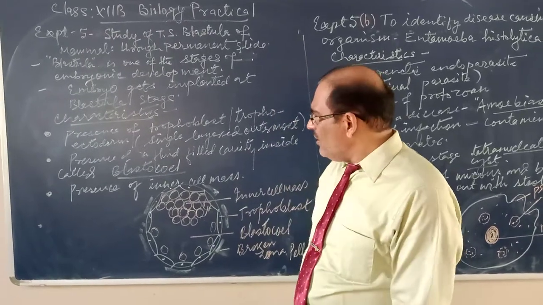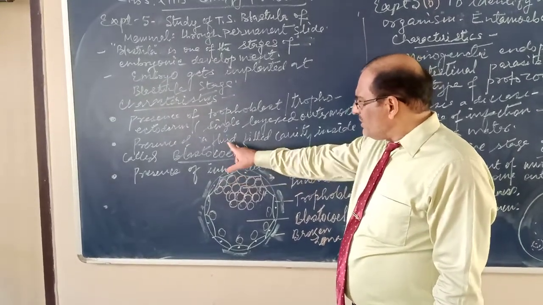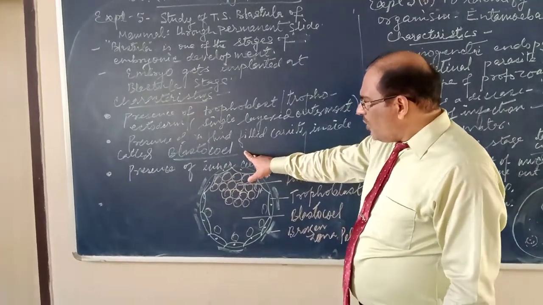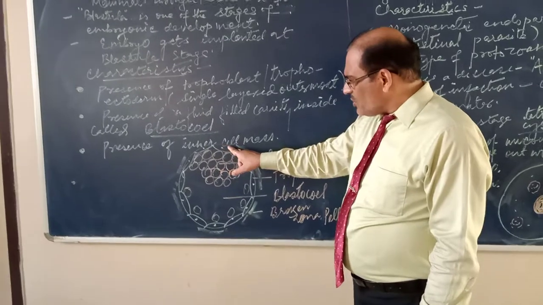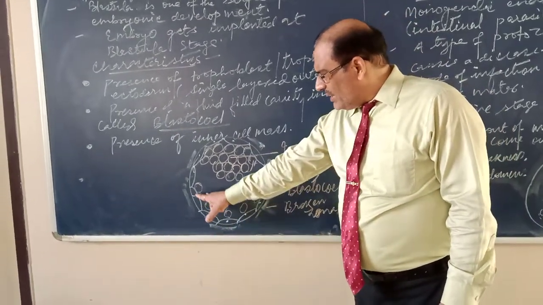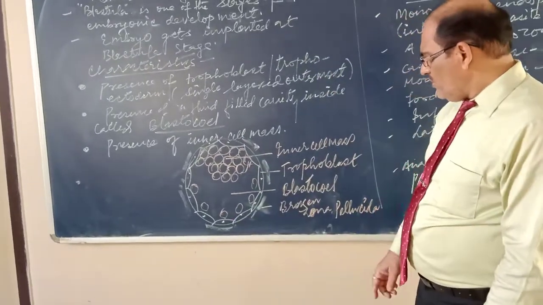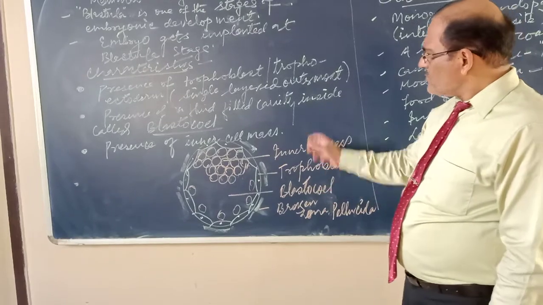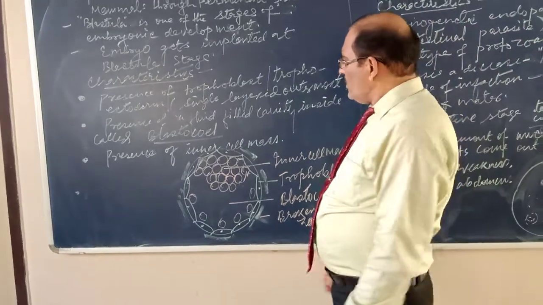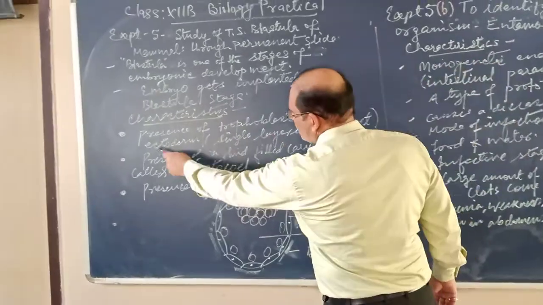This cavity is called blastocoele. Now the cells of the outermost layer become flattened. They form a single layer of flattened cells called trophoblast or trophoectoderm.